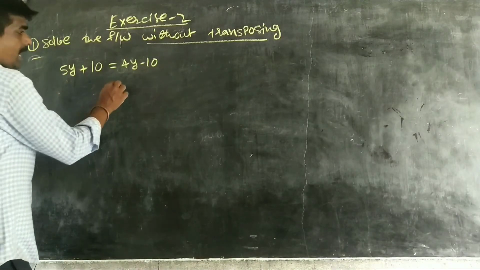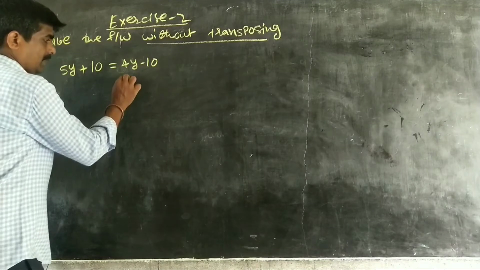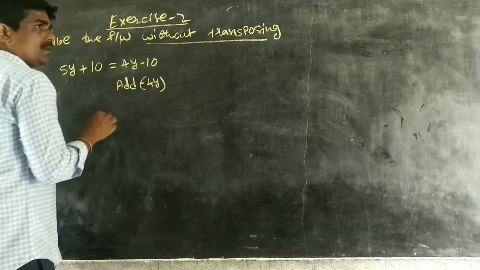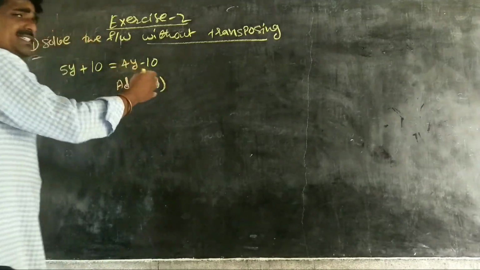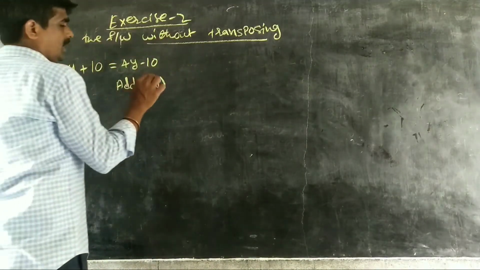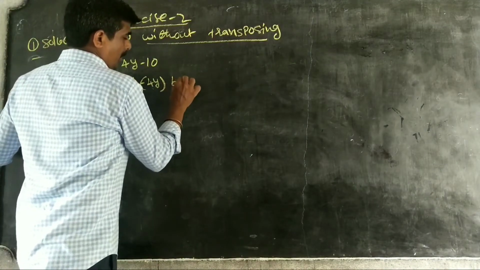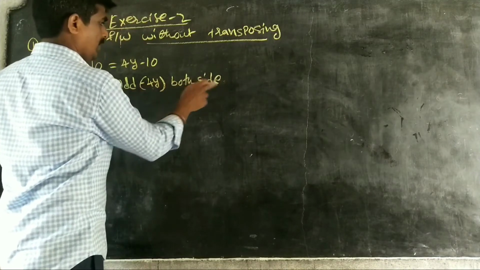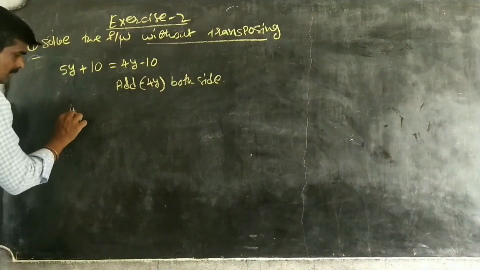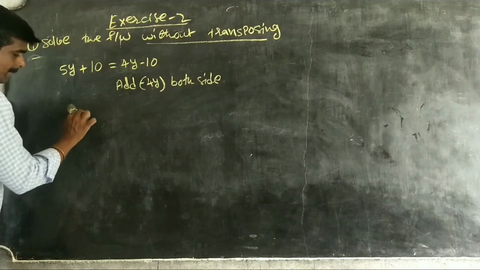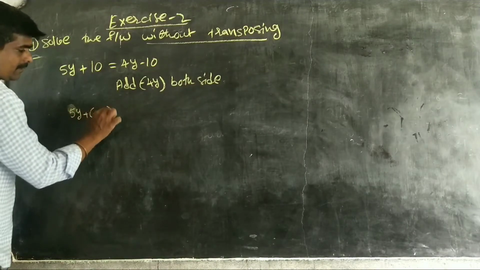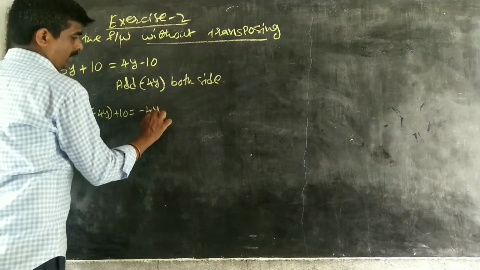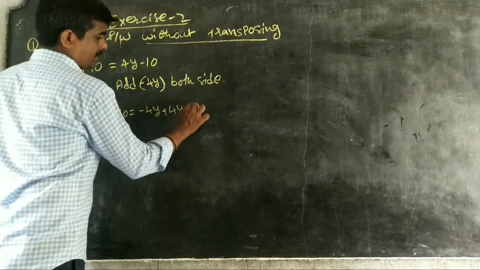First add minus 4y on both sides. Adding or subtracting 4y, you have to write it as the reverse. Add minus 4y on both sides. So 5y plus minus 4y plus 10 is equal to minus 4y plus 4y minus 10.